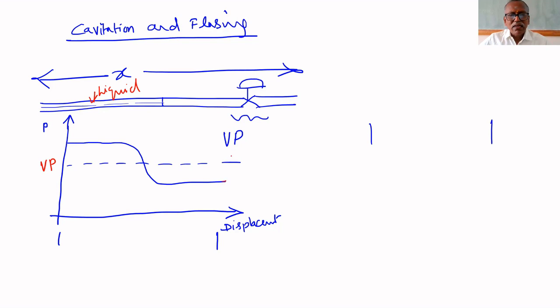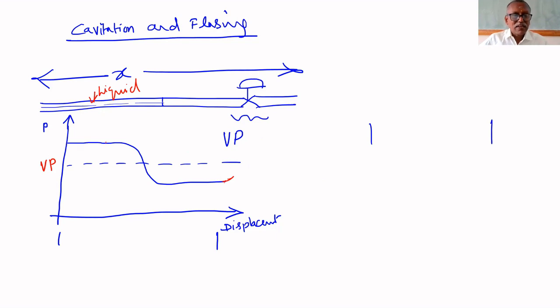And once it crosses that valve, the pressure may regain, or it may stay below vapor pressure. If the downstream pressure is less than vapor pressure, it won't regain. If it is higher than the vapor pressure, it will regain. So there are two cases.